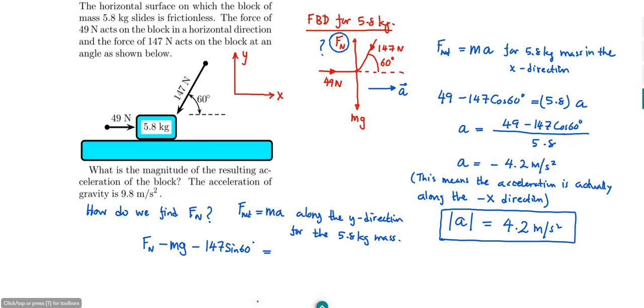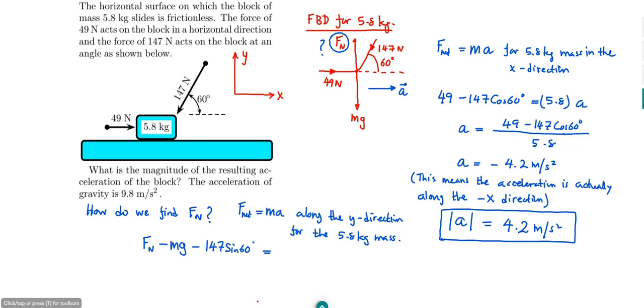Mass is 5.8 kilograms. But what is the acceleration of this object in the y direction? You can see the object is constrained to move along the horizontal surface. That means it's going to have an acceleration in the x direction, which we calculated in the previous part.